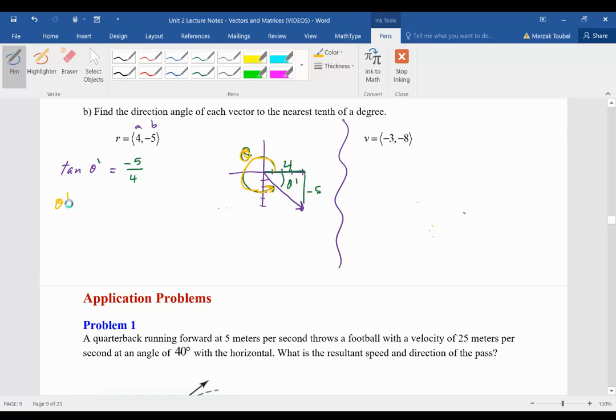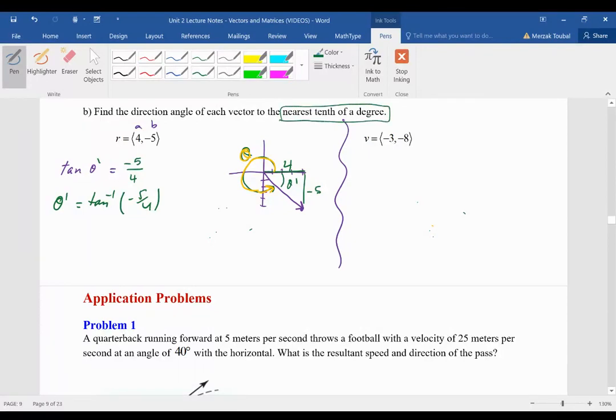So theta prime, which is in green, is tangent inverse of -5 over 4. And we can calculate that. We've got to set the unit to degrees because it says here, find the direction angle of each vector to the nearest tenth of a degree.